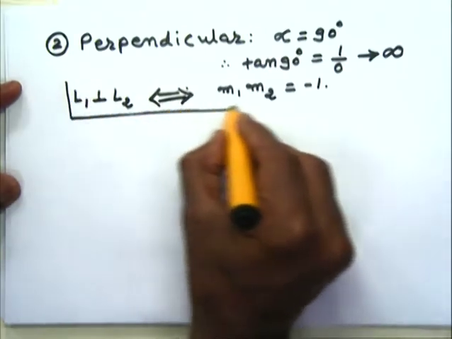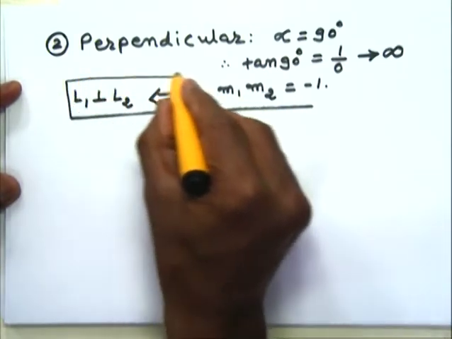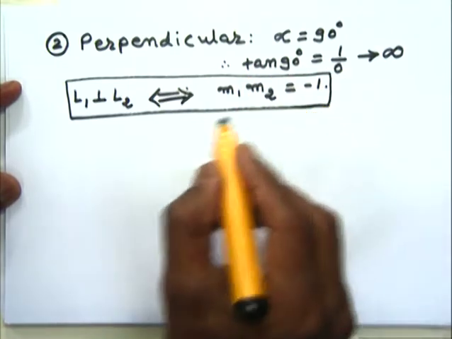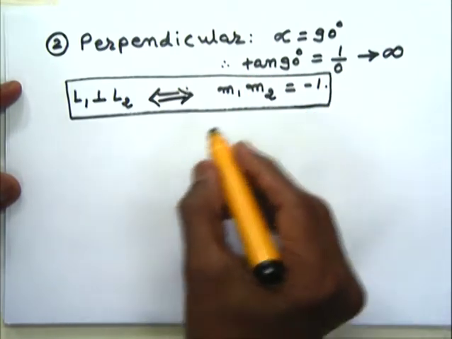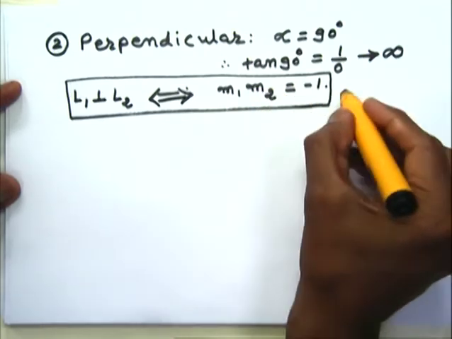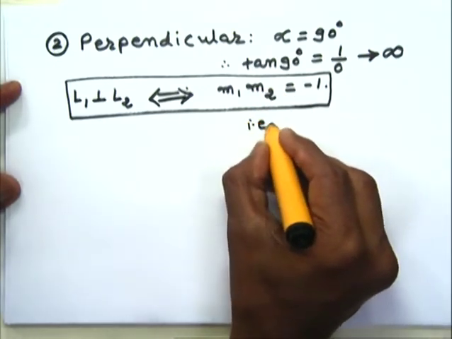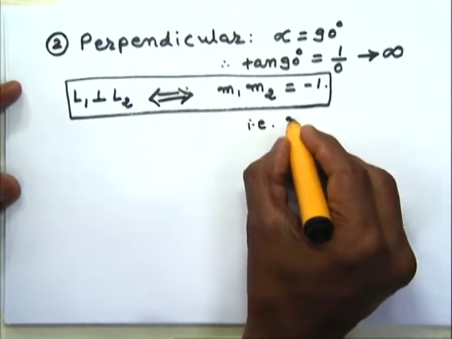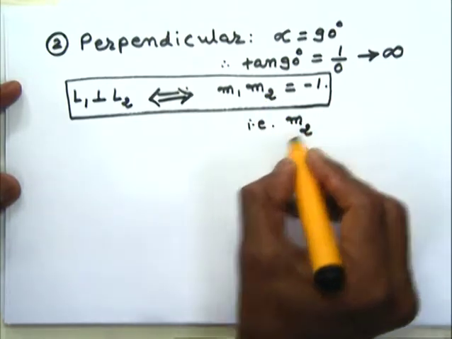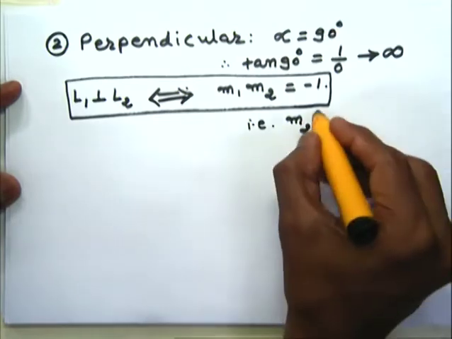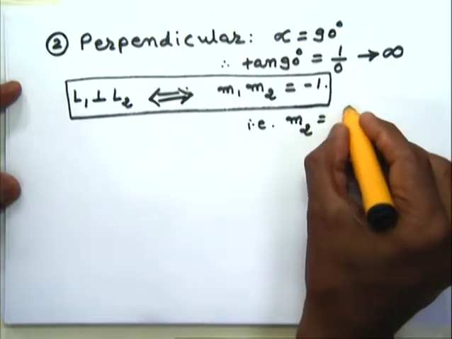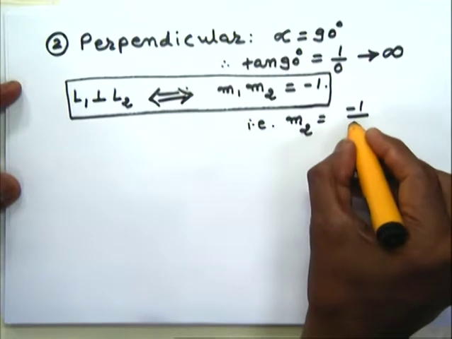So we highlight this result with the note that if two lines are perpendicular to each other, slope of any one is minus 1 upon the other.